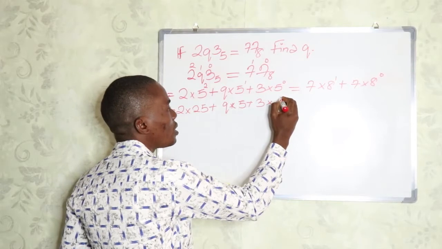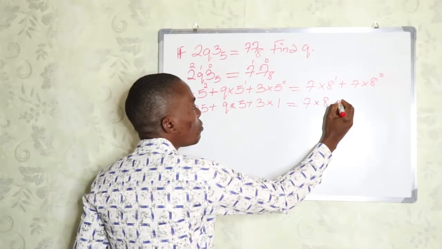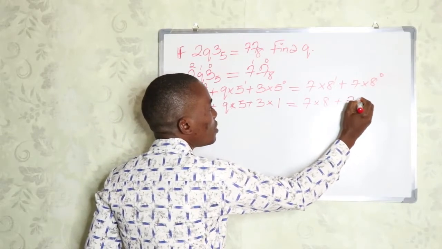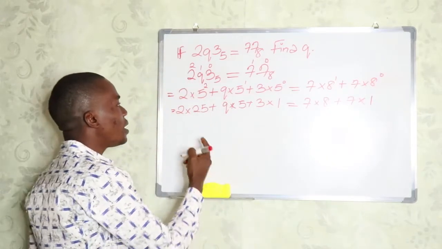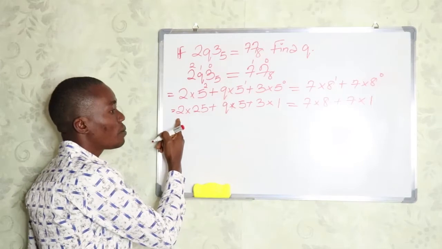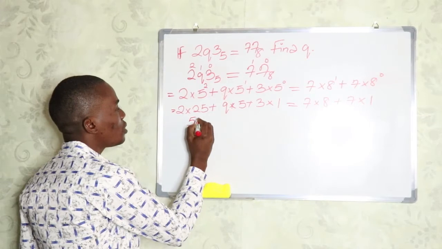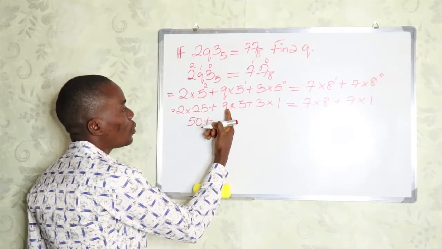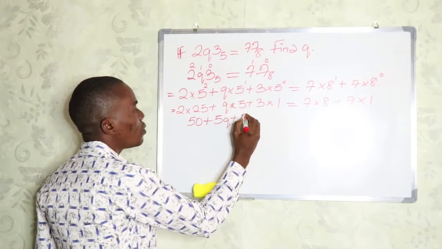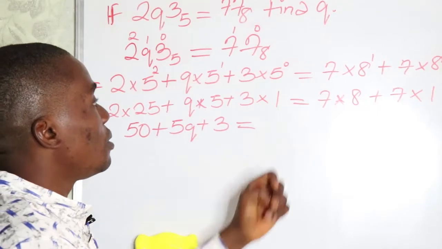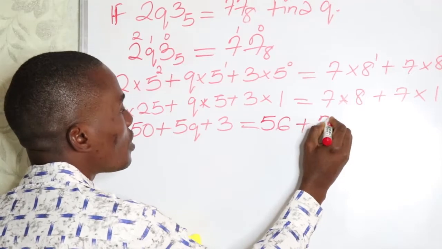So this will be equal to 7 times 8 plus 8 times 8 raised to power 0, which is 1. Now simplifying further, 2 times 25 is going to give us 50. So this will give us 50 plus q times 5 is 5q plus 3 times 1 will give you 3. 7 times 8 is going to give you 56 plus 8.